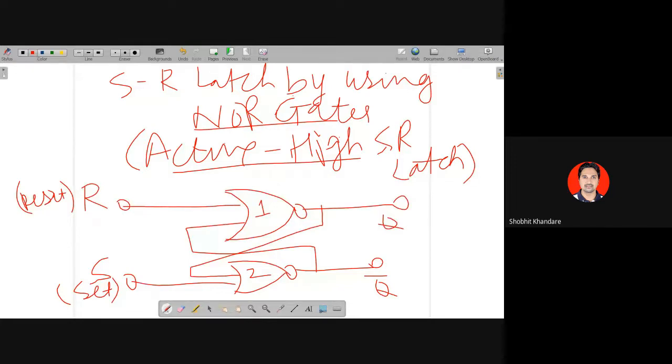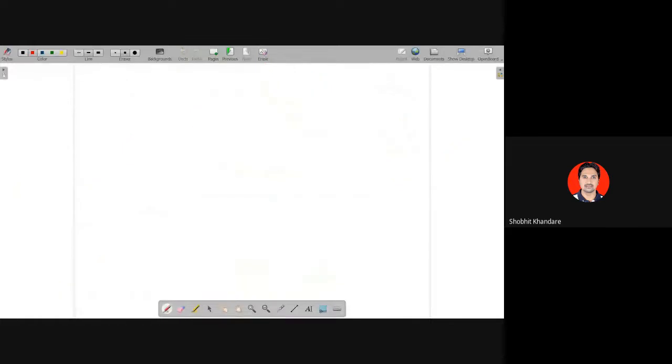Now if you want to understand this properly, we have to draw the truth table. Please draw the truth table along with me. So this is a truth table of active high SR latch. Please draw the truth table, then you will understand it properly.